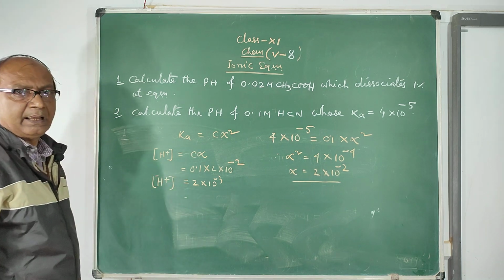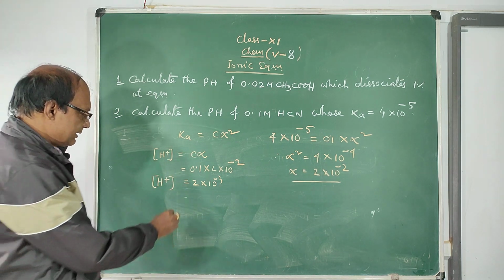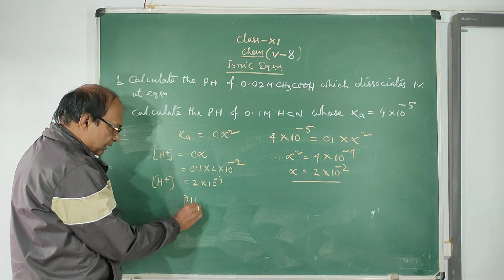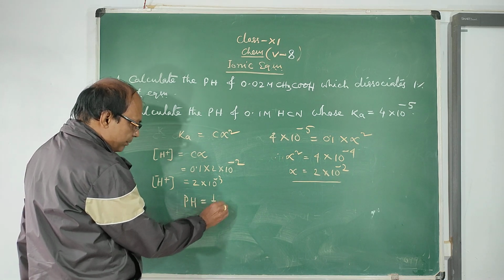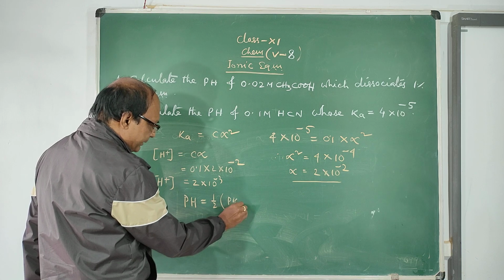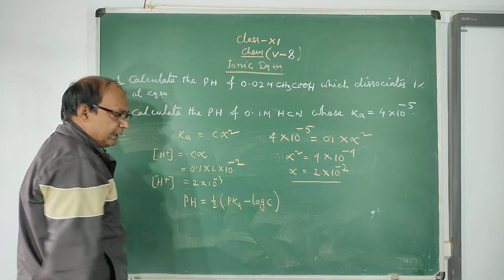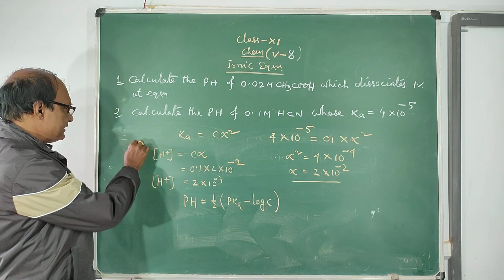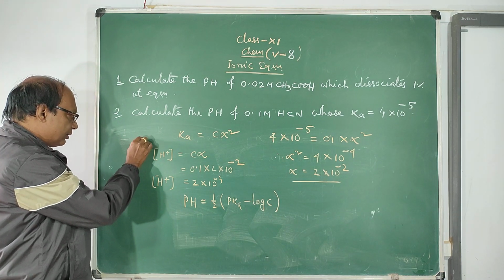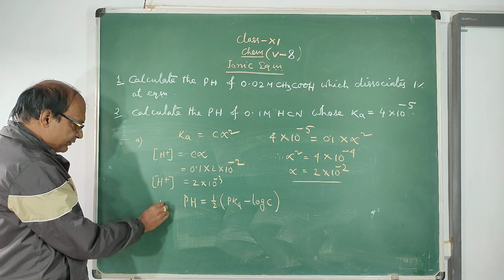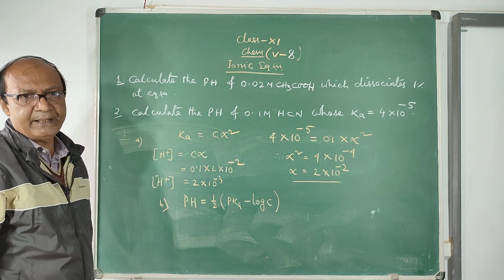Another way, as I have discussed in the last class, is to apply the formula pH equals half of pKa minus log C. This is one method to find pH, and this is another method to find pH.